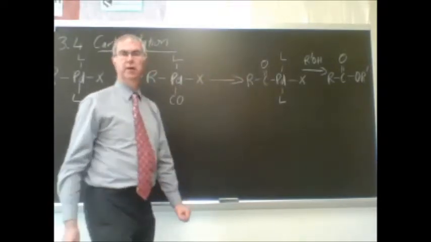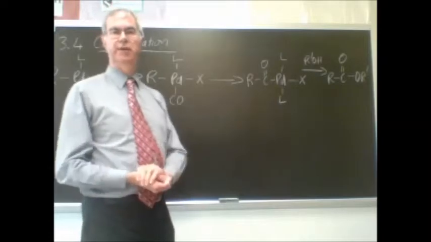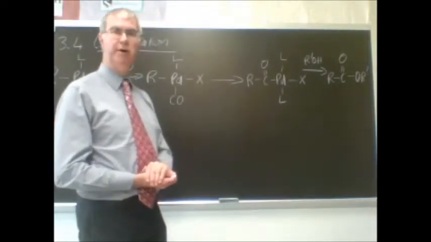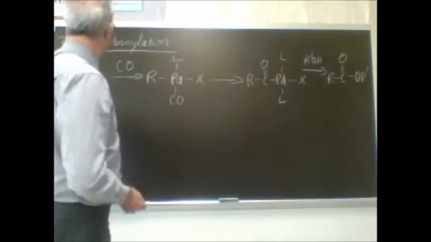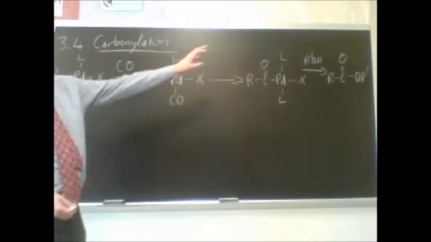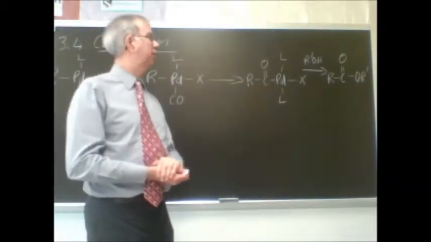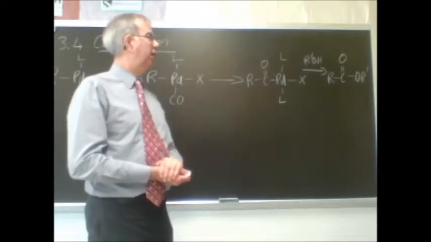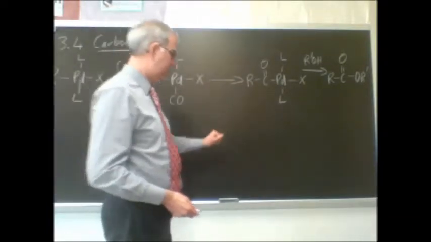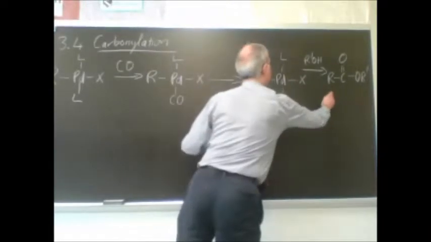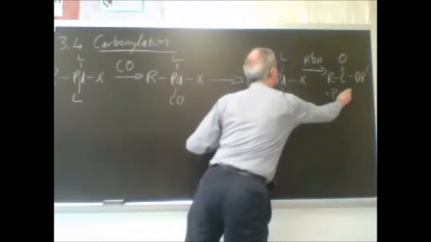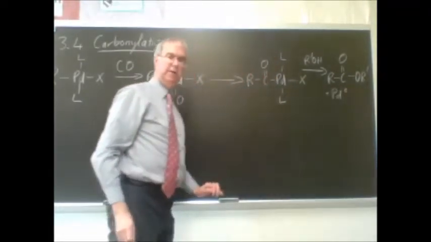react with an alcohol to generate an ester, which is a pretty useful product. And notice that we started with just an R group, but we now have an extra carbon on the chain. And you'll also generate a palladium-0 complex.